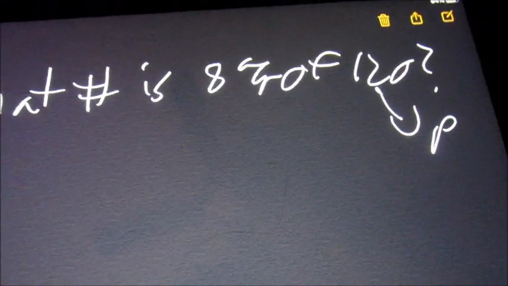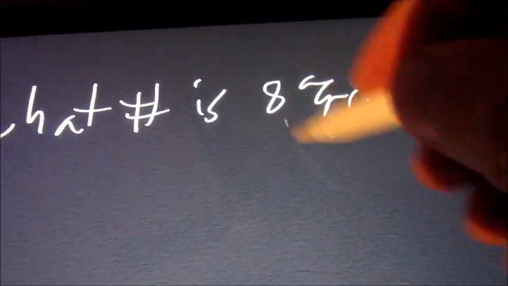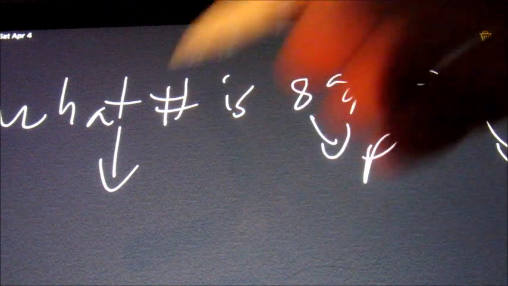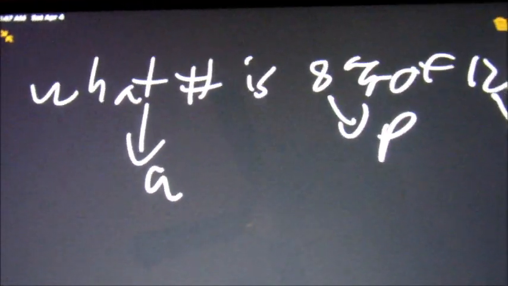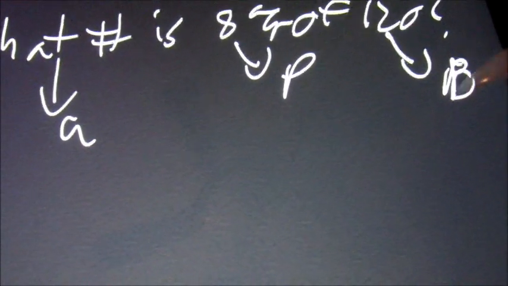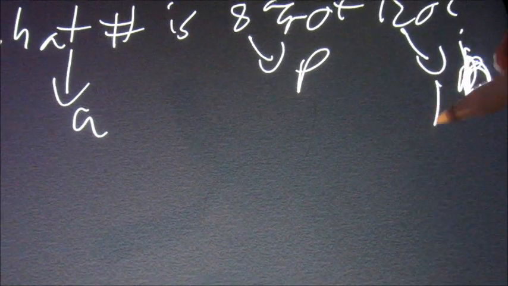Alright, the next way something might be written is what number is 8% of 120. So again, the of is the b. If we see the percent sign, then we know that that's the percent, and the other one, which is closest to the "is", is a. That's b.